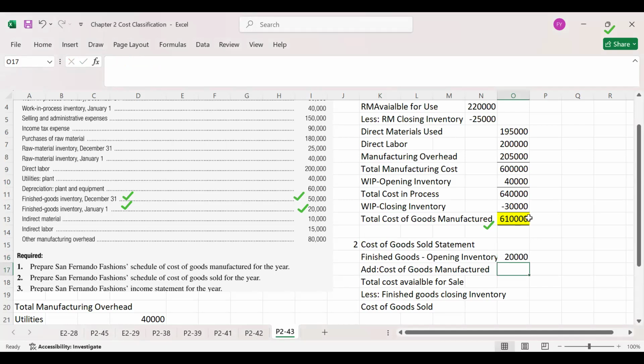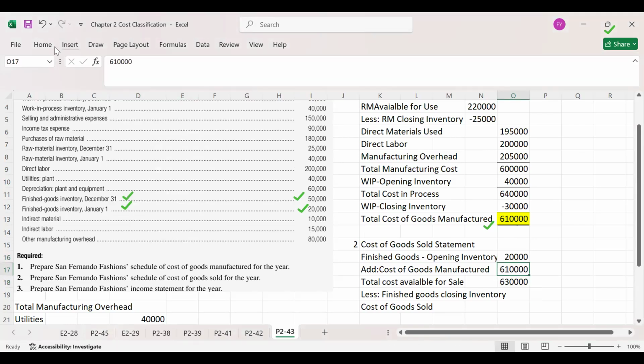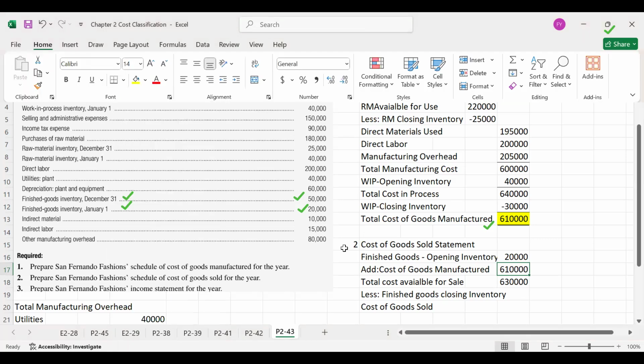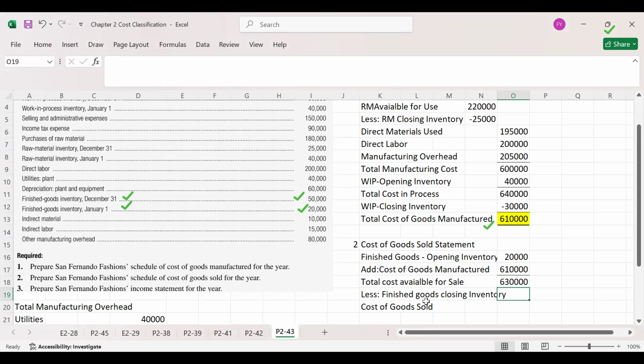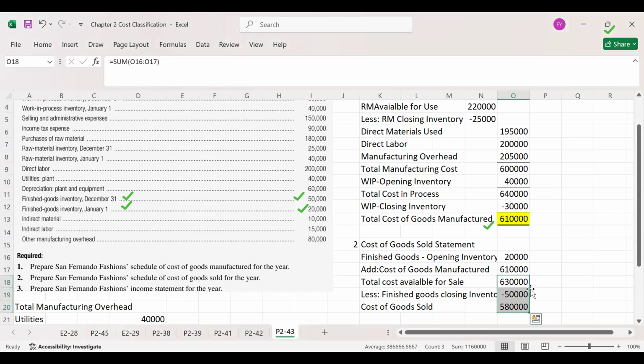We add cost of goods manufactured, which is 610. Then we will deduct finished goods closing, which is 50,000. So minus 50,000. So here we have cost of goods sold, which is 580,000. So this is our cost of goods sold.